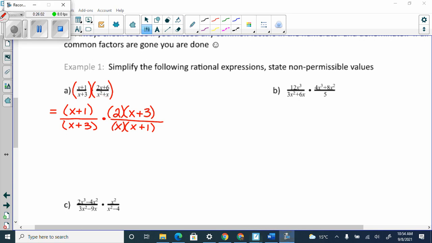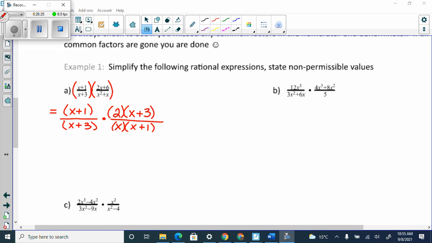What do I have to do before I cancel? State the NPVs. What's the difference between right now and a couple seconds ago? We have more. We just have 2 denominators instead of 1, right? So we have x plus 3, x and x plus 1. That's it. It's nothing crazy, nothing big time from yesterday, right? We just have 2 simplifying instead of 1.